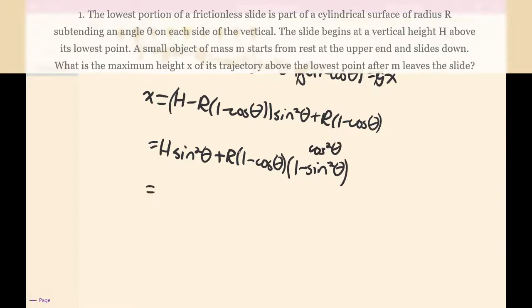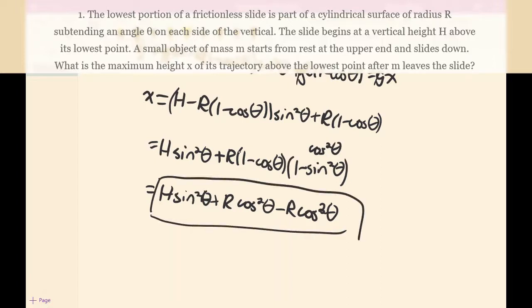So this would be h times sine squared theta plus r cosine squared theta minus r cosine cubed theta. And so that is the answer to the first problem. Does anyone have any questions?